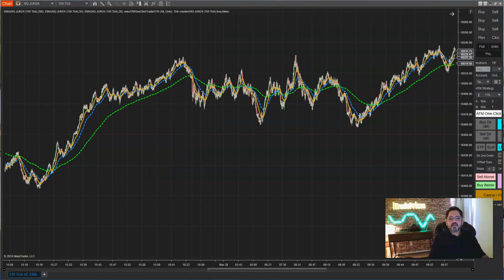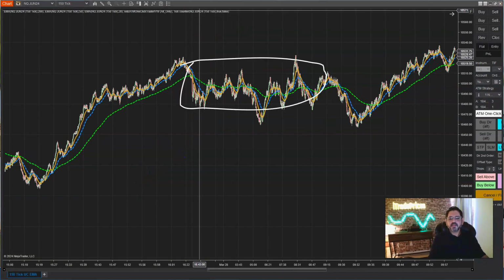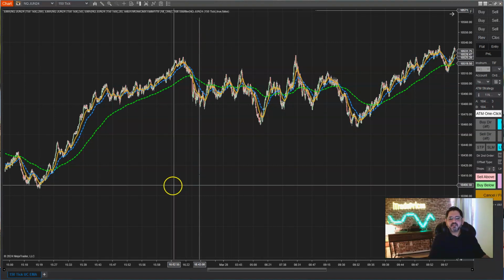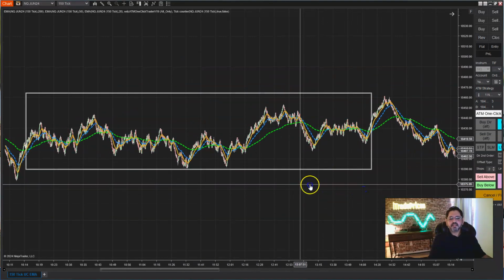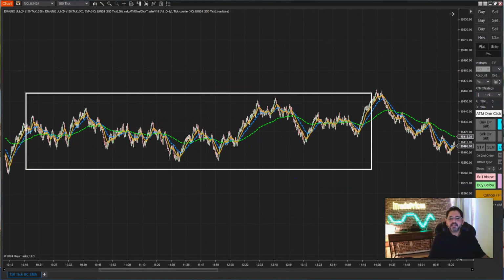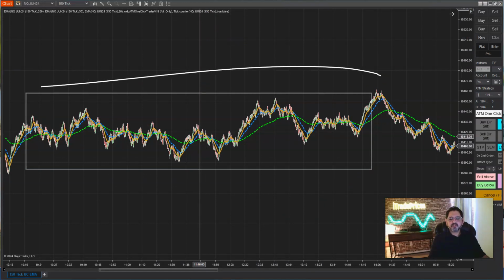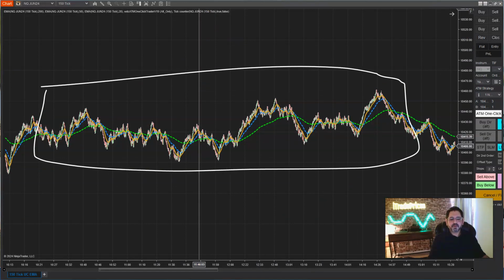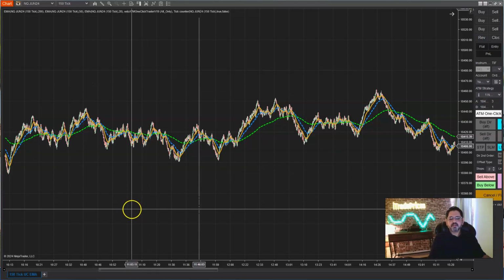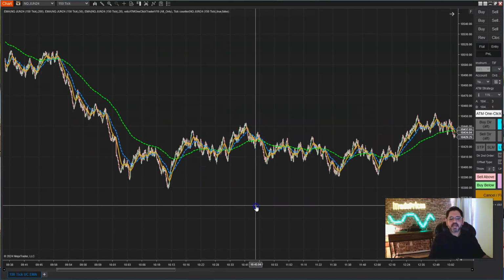the market structure is sideways. It's not trending. If I keep going back, look at this one. Asian session, or even earlier European session, or even sometimes US session, it's range bound. This is a 200 EMA, and you can see the price is just zigzagging, swinging above and below that.